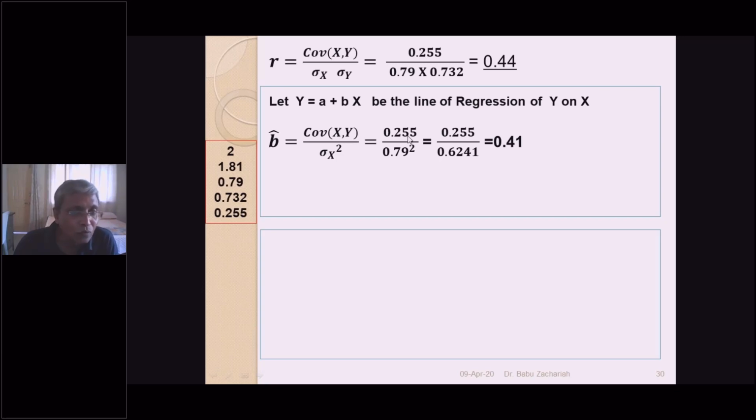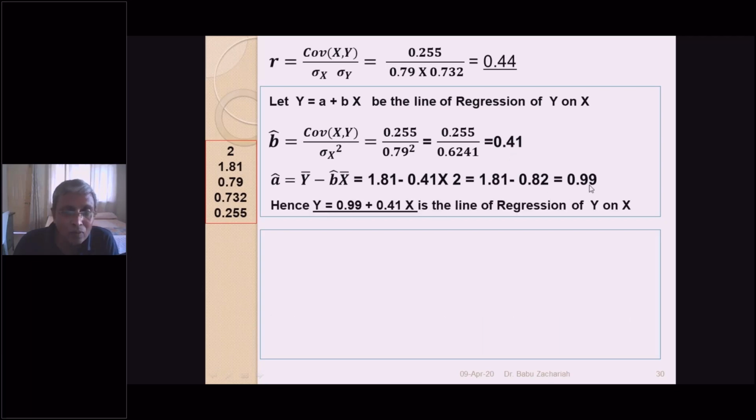Covariance is 0.255, sigma x is 0.79. I get this. A hat is y bar minus b hat times x bar. I'm substituting y bar, I'm substituting b, I'm substituting x bar. I get this one. So this is your A, this is your B. So line is y is equal to 0.99 plus 0.41 times x.